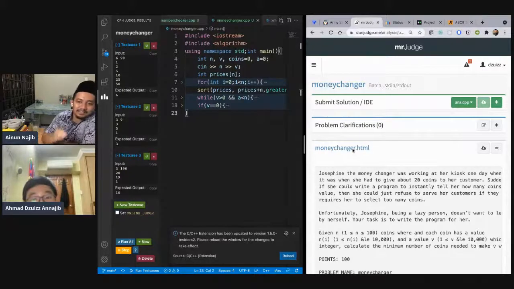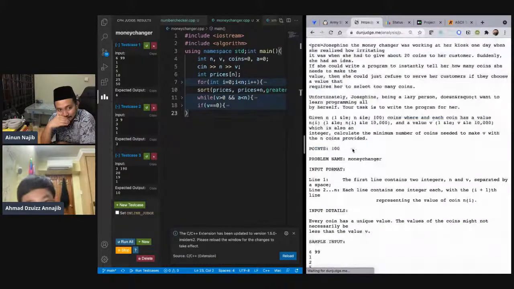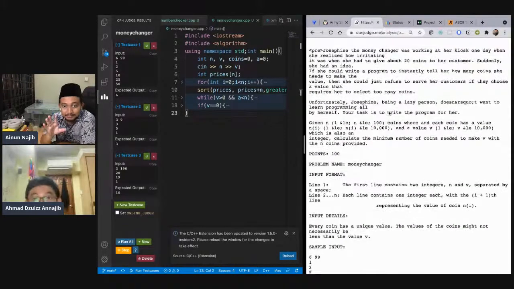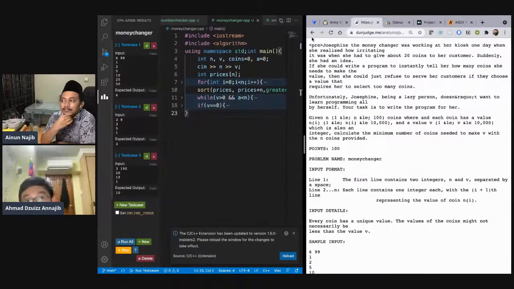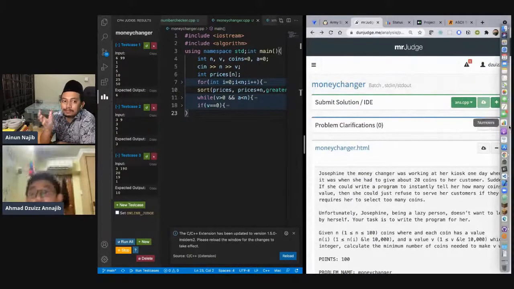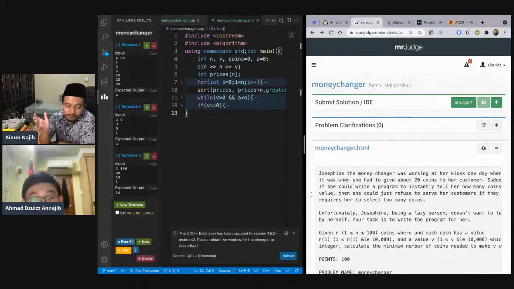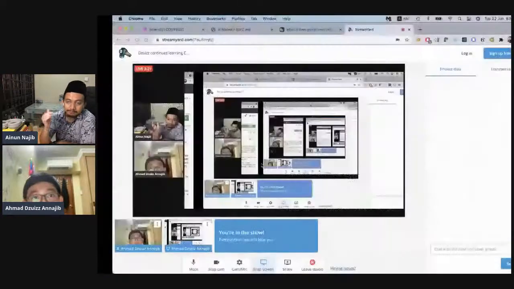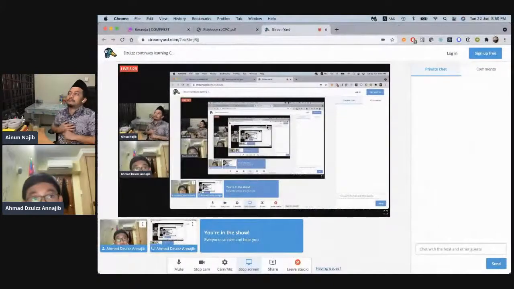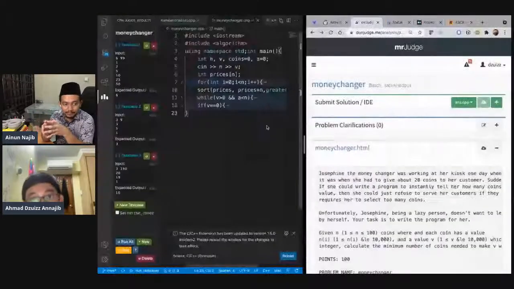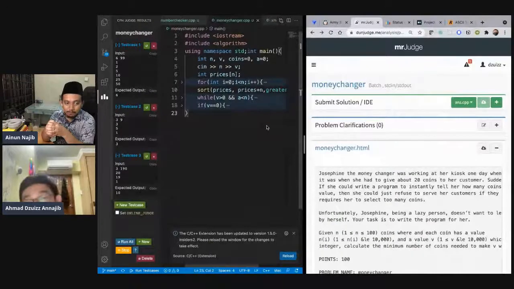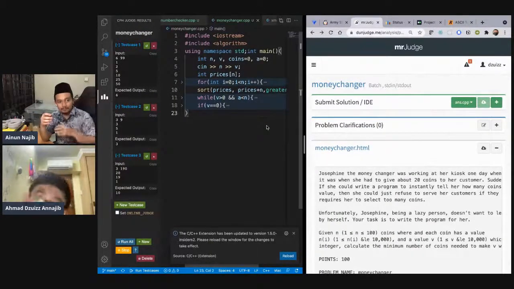Okay, so the idea for this money changer solution, I think, but we need to try first, is: given an amount of money, you can reach that amount by adding one coin coming from different options, right?